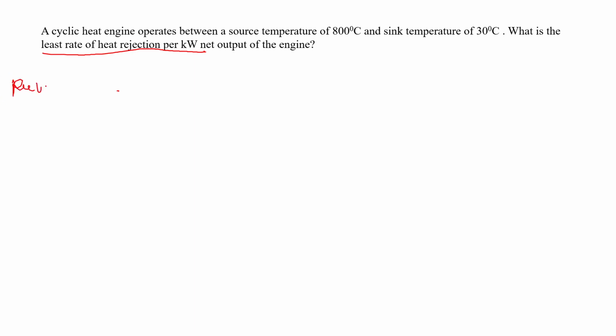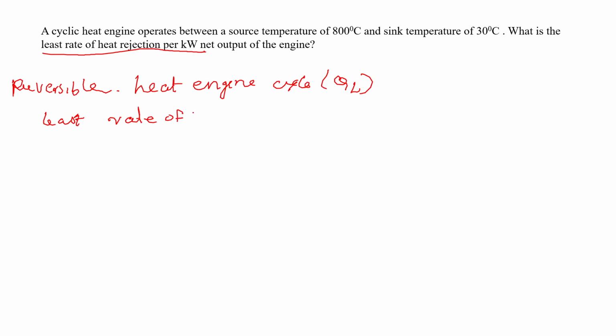For a reversible heat engine, the cycle will reject the least rate of heat, which you can represent as QL, per kilowatt of net output of the engine.